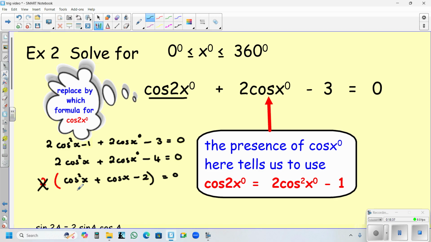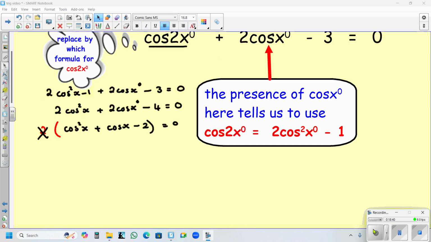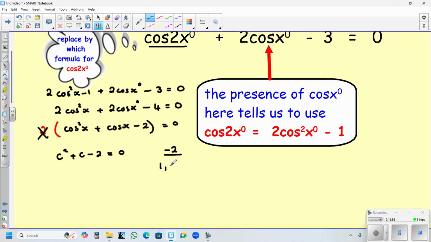So now what I've got is a quadratic equation that I want to solve. Now, if it makes things easier, just call that c squared plus c minus 2 equals 0. So we're looking for factors of 1 times negative 2 is negative 2. It's a prime number, so there only is one pair of factors, 1 and 2.